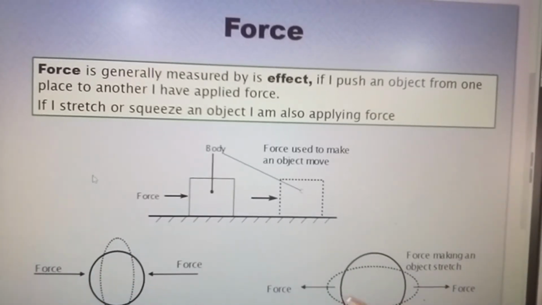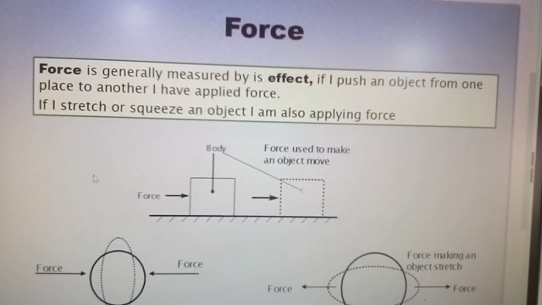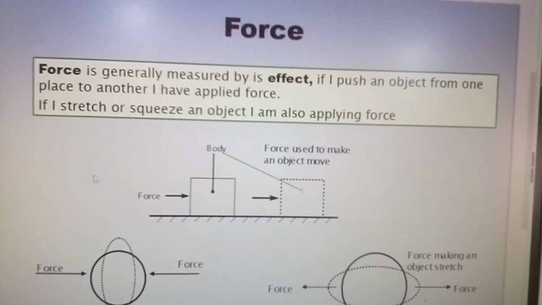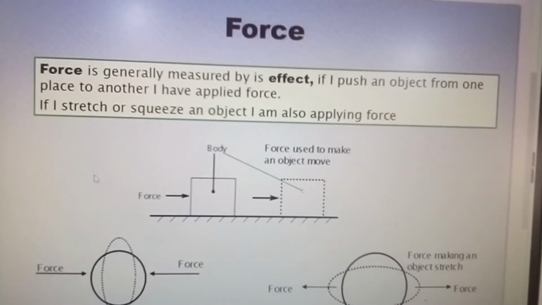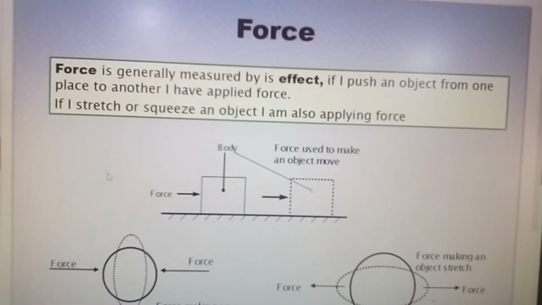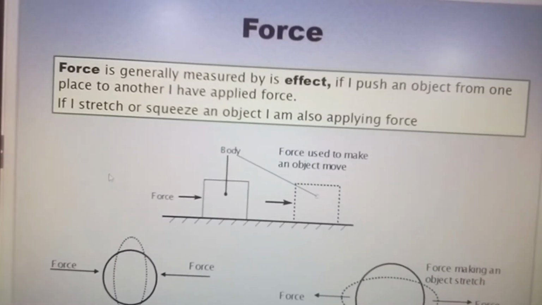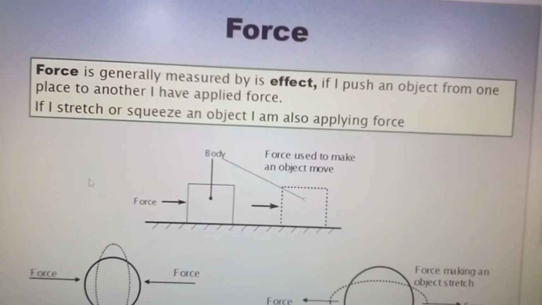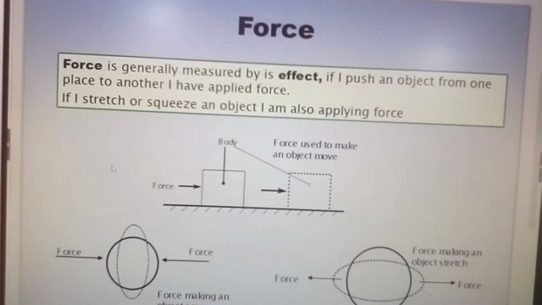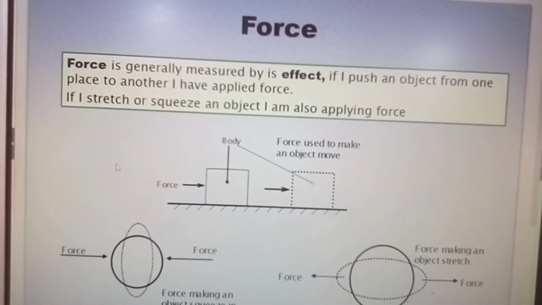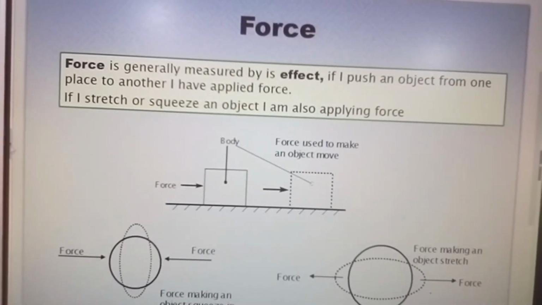Here I'm stretching it apart, pulling it apart, basically. So any force you exert on an object causes that object to change shape. Okay, good.